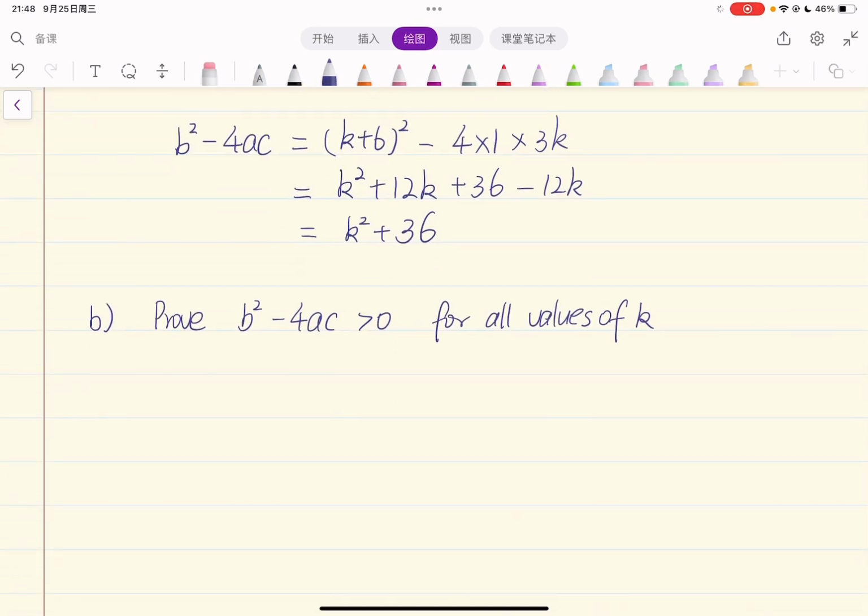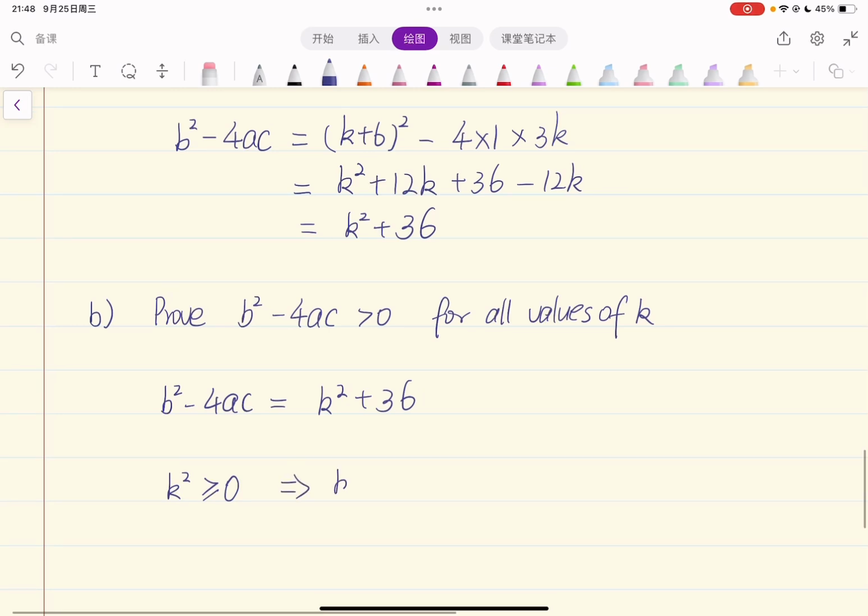In the previous question, we got the answer that the discriminant is k squared plus 36. So we want to prove that it's greater than 0. As you can see, for all values of k, k squared is always greater than or equal to 0, which implies that k squared plus 36 is greater than or equal to 36.